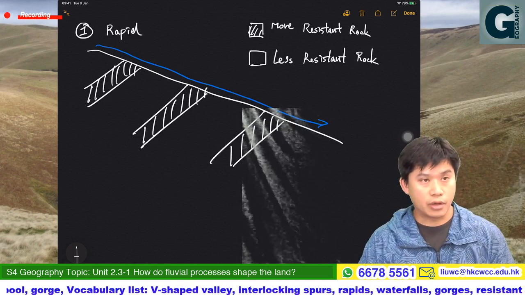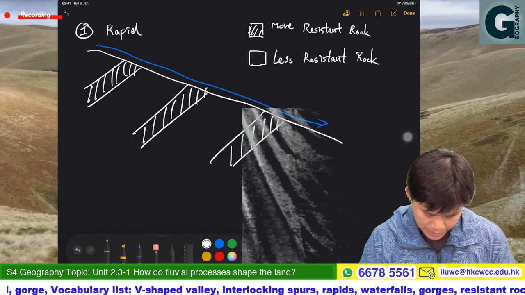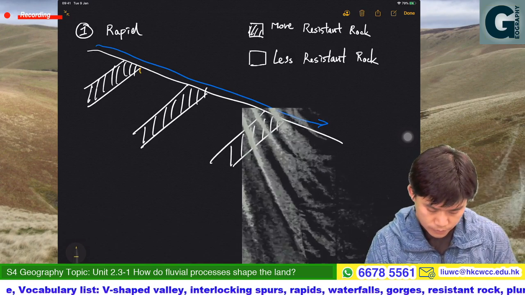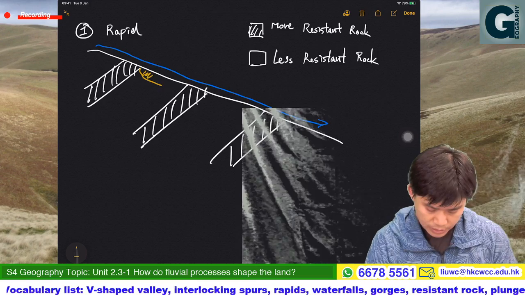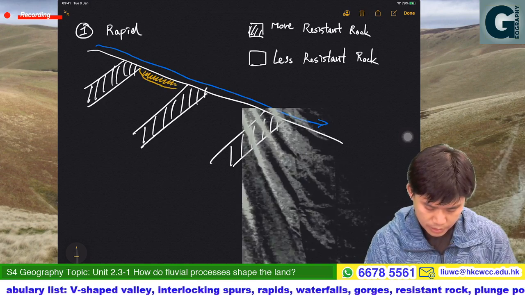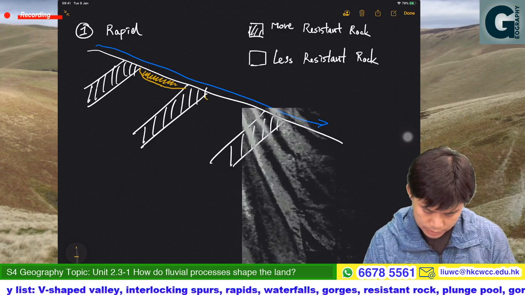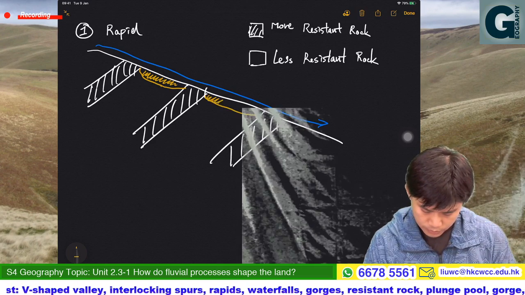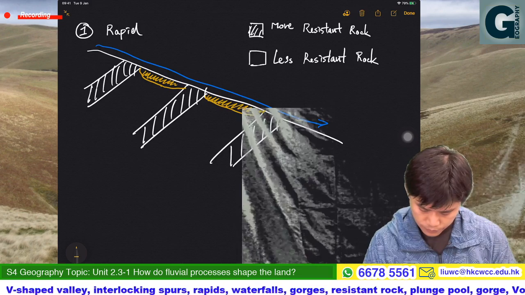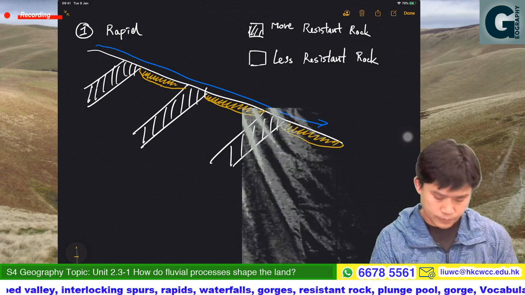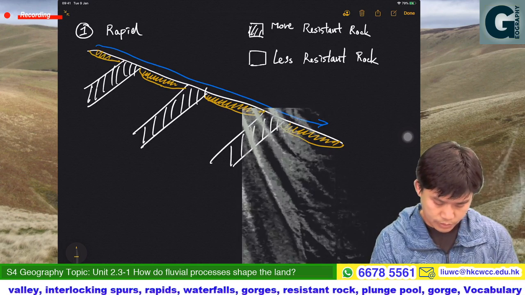The less resistant rock is eroded easily by the flowing water, like this, maybe here as well.